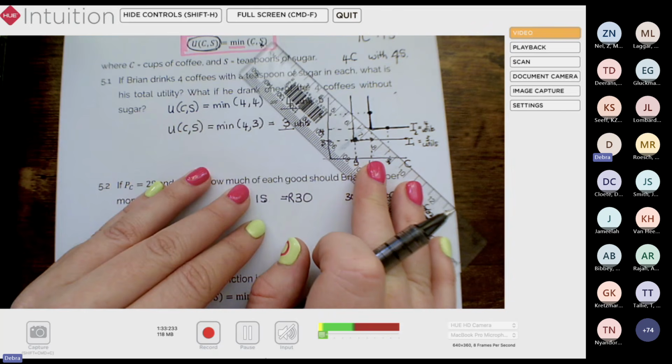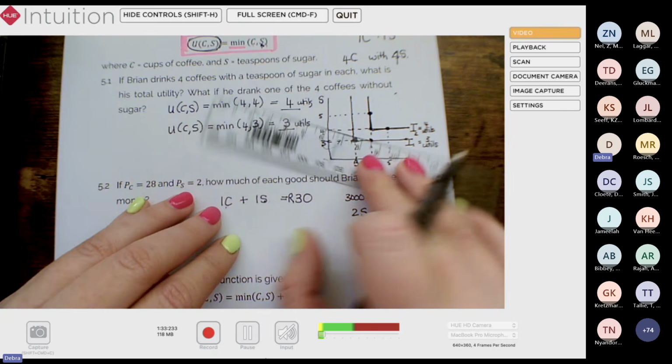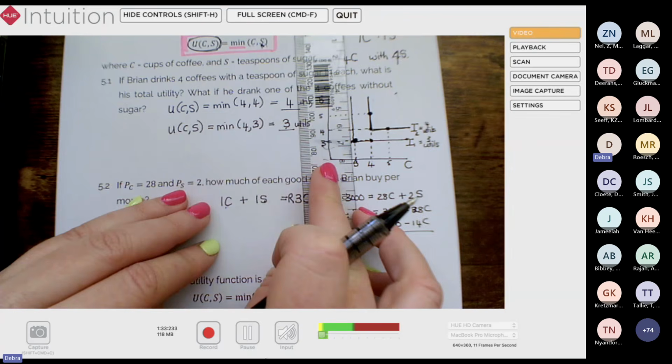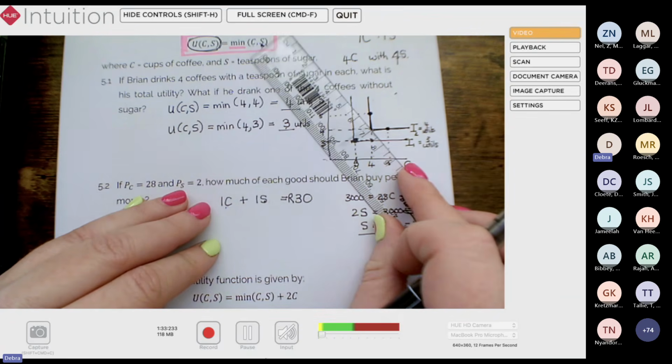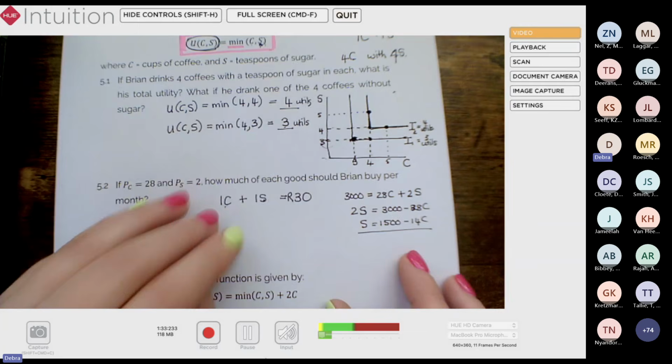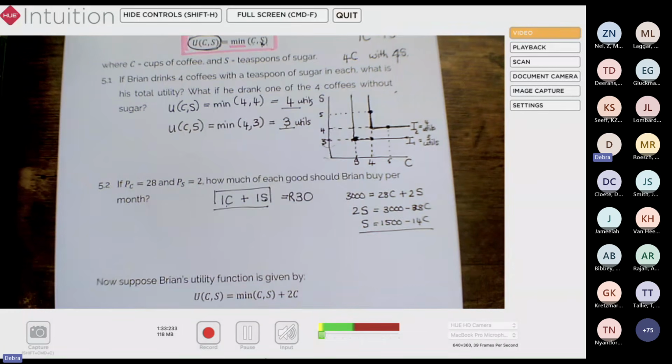They're not going to optimize ever by being on either the horizontal part of an indifference curve or on the vertical part of an indifference curve. By implication of how these indifference curves are shaped, he's always going to end up at a kink, which means that he's always going to do best by combining his 2 products in exactly the ratio that he prefers, which is a coffee with 1 teaspoon of sugar.